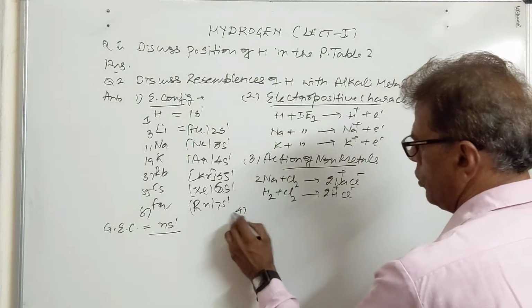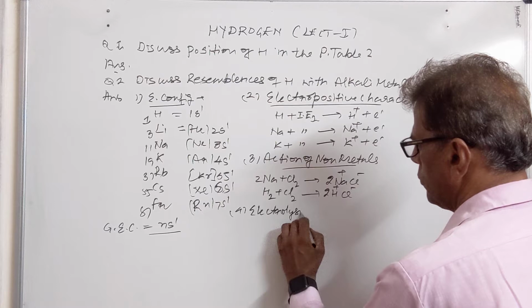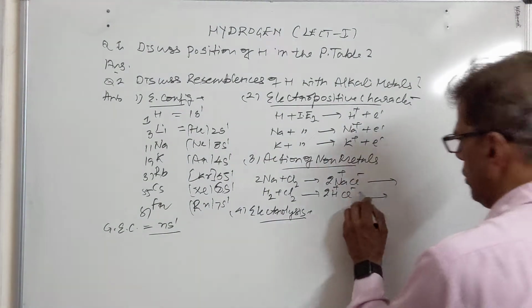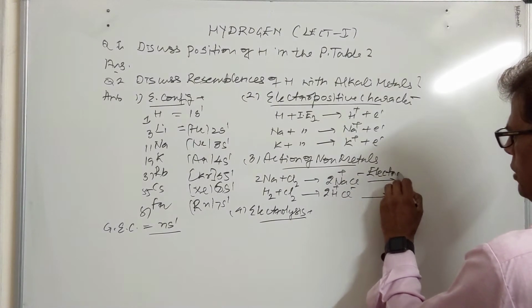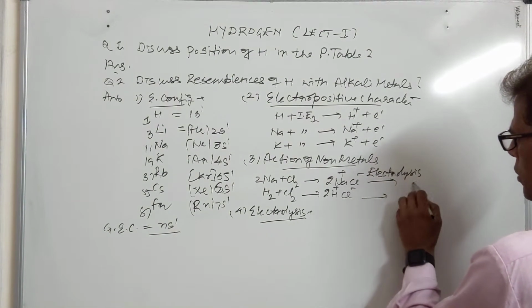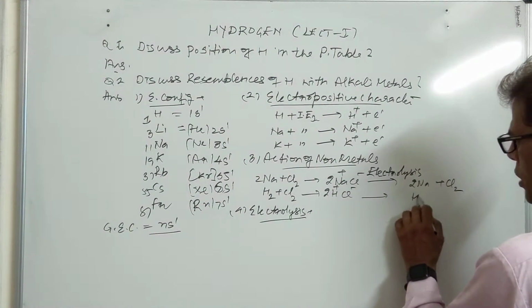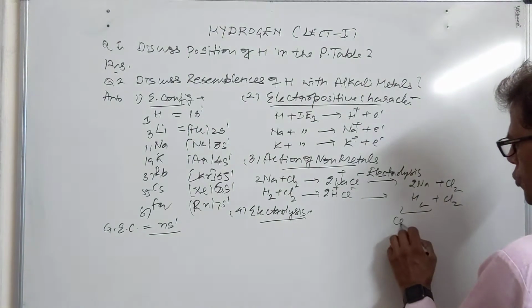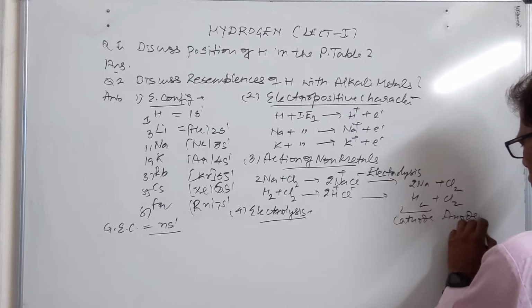Then we have fourth, electrolysis of these compounds. Salt-like compounds will yield hydrogen at the cathode. Just like alkali metals, 2Na is obtained at the cathode and Cl2 at the anode, similarly H2 at the cathode and Cl2 at the anode.